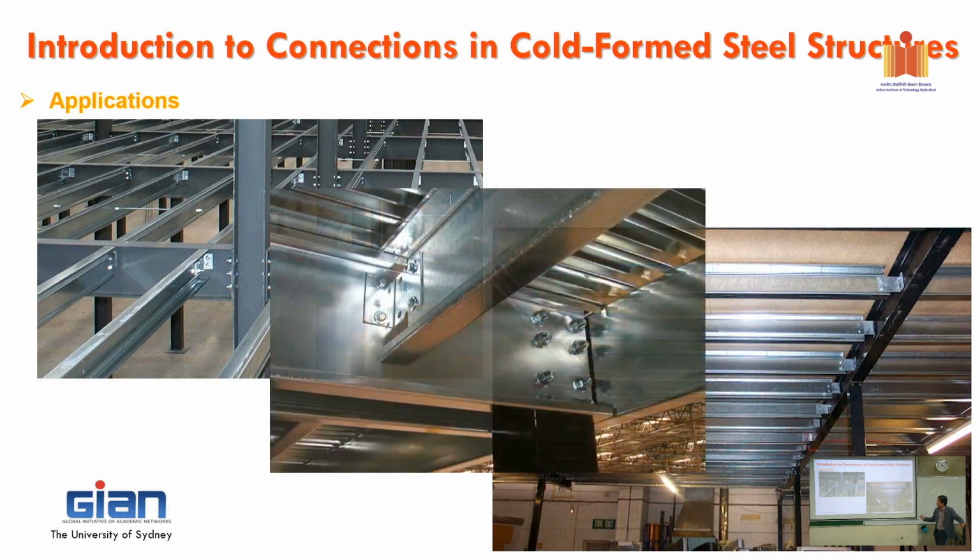And I'll show you later. So you see here, the main cold form steel is bolted to the columns, and this is the secondary one to the primary one. And they're using one clip on here, and they bolted here, and that's it, and that's how it works.